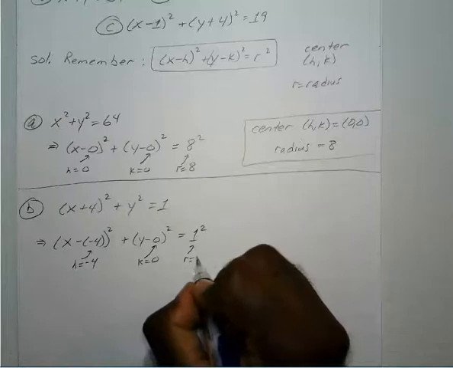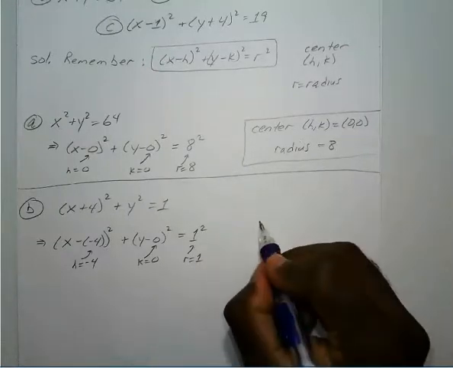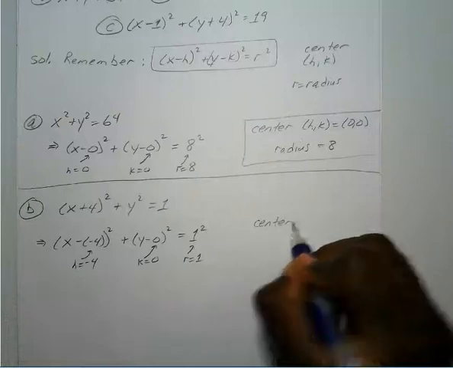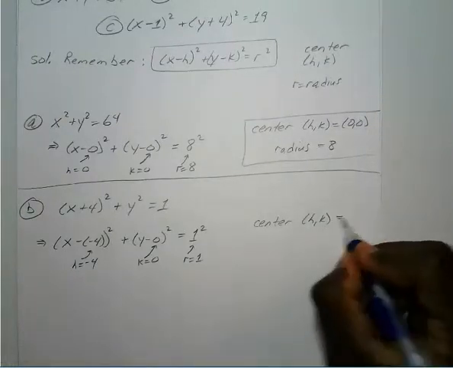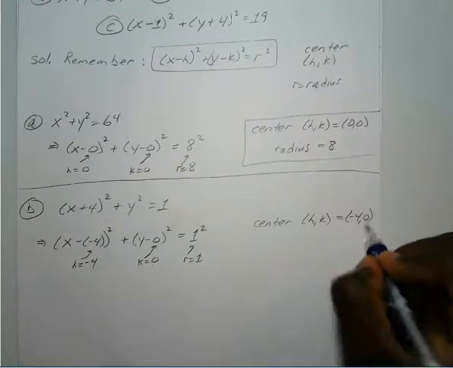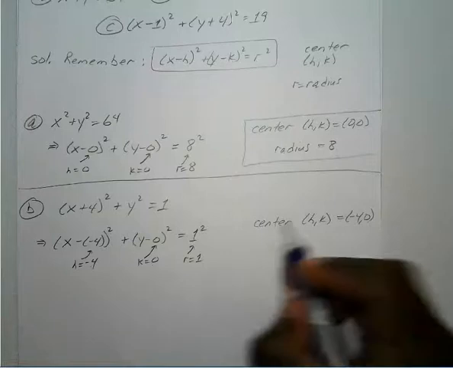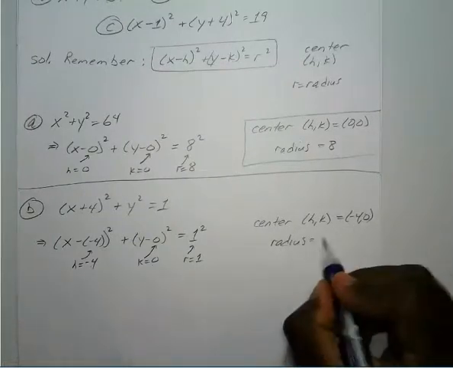And our radius is equal to 1. Okay, so we know that our center, which is h, k, is negative 4, 0. And our radius is equal to 1.